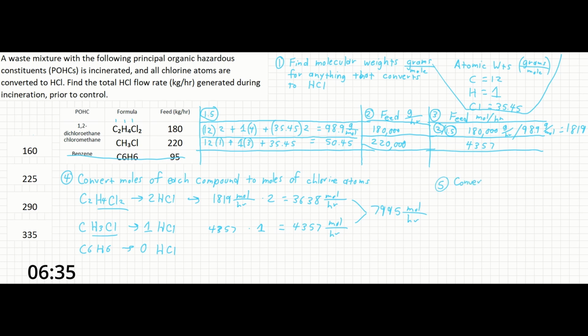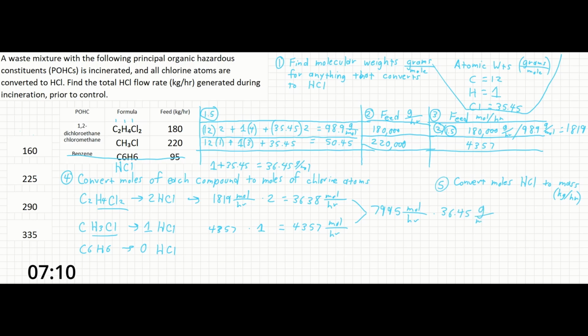So for step 5, we'll convert the moles of HCl to a mass in kilograms per hour. So all we have to do here is multiply by the weight of our HCl, which we didn't calculate, so let's just do that right here and say 1 for H plus 35.45 for Cl to give us 36.45 grams per mole. So times 36.45 grams per mole here.